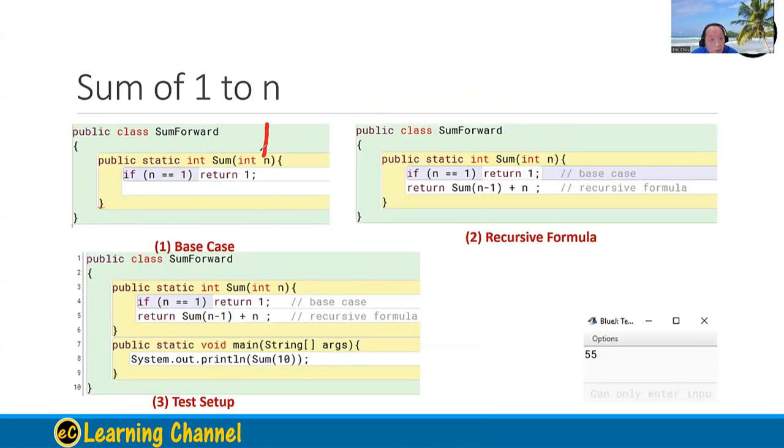So you have sum of n. You start to write if n equals 1, return 1. This one is the sum of 1 to n. So this one is the termination condition. And then you write the recursive condition. Then you finish the program and call it.